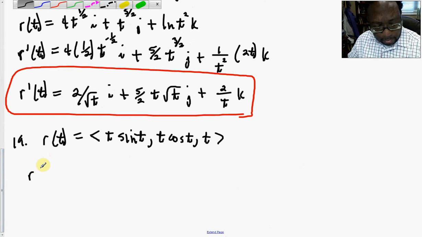So r prime of t, here we use the product rule.